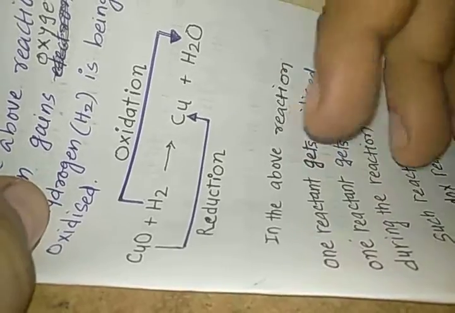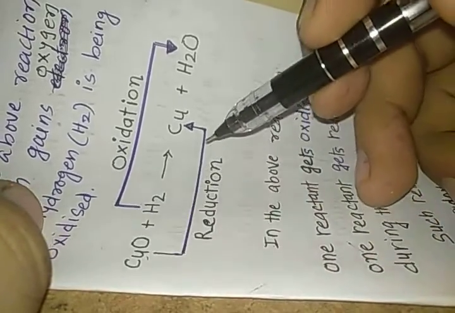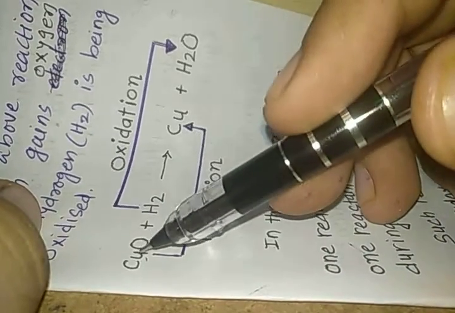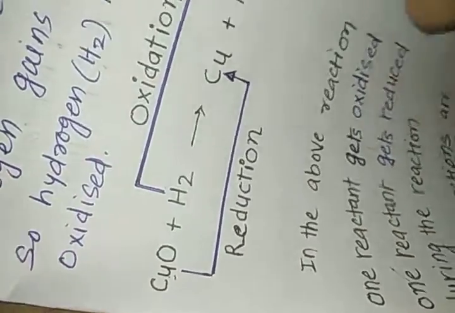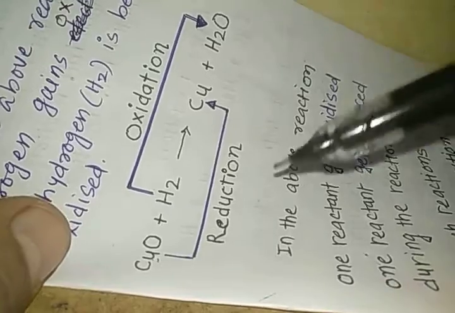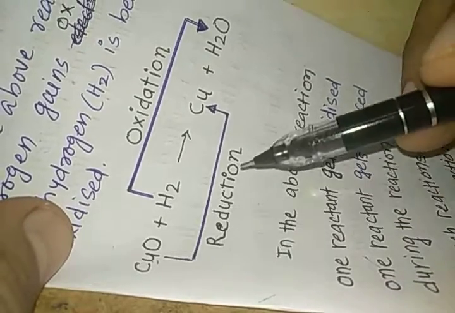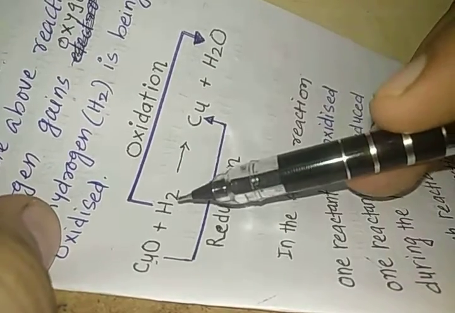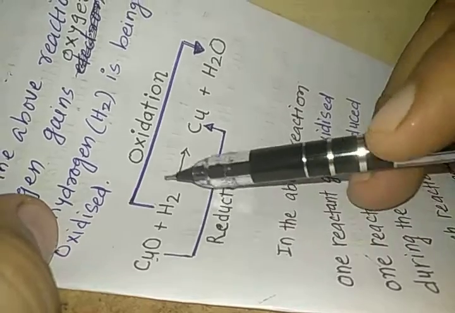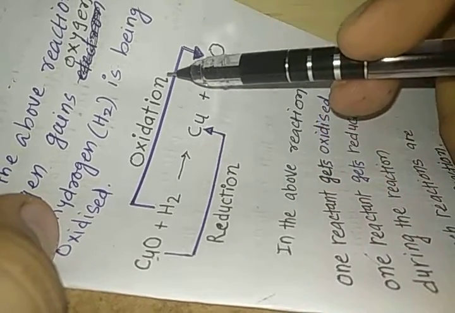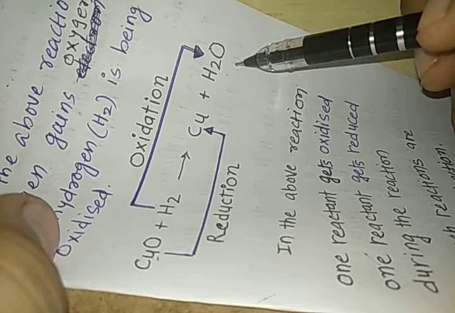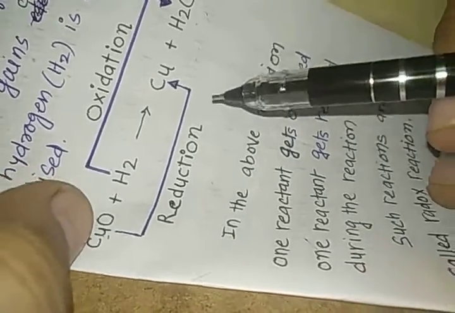You can see here copper loses its oxygen, so CuO, cupric oxide, loses its oxygen, so we can say that cupric oxide is reduced, or reduction of cupric oxide to copper. Hydrogen gets the oxygen, so hydrogen undergoes the process of oxidation and it produces H2O, which is known as water.